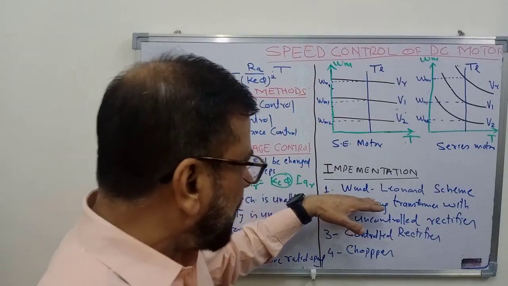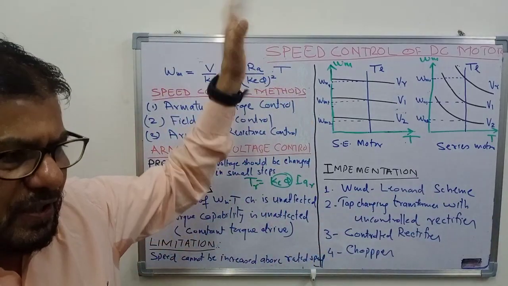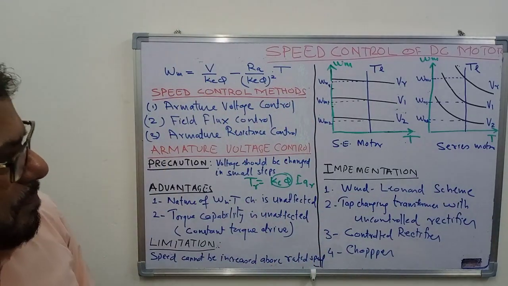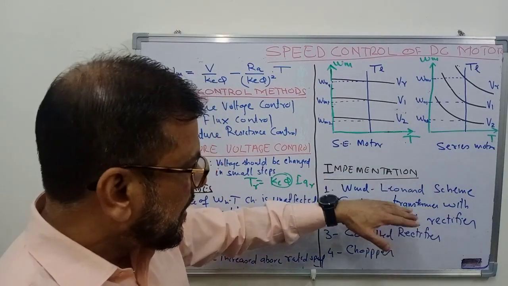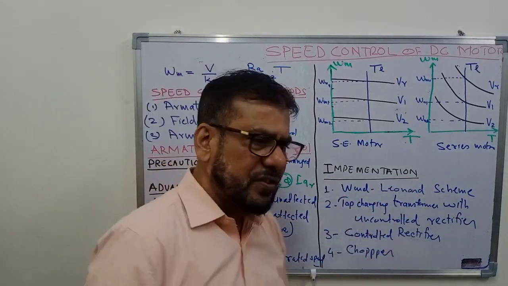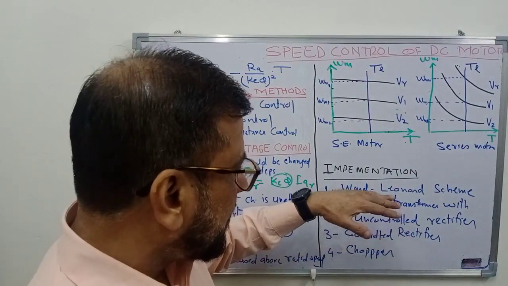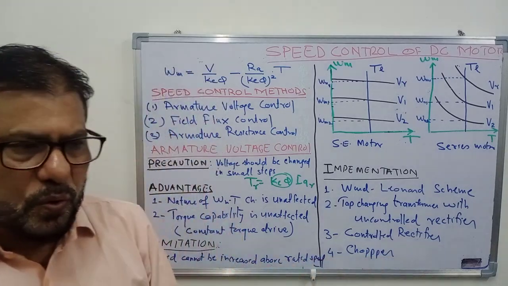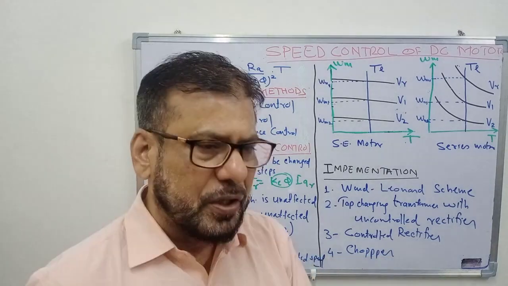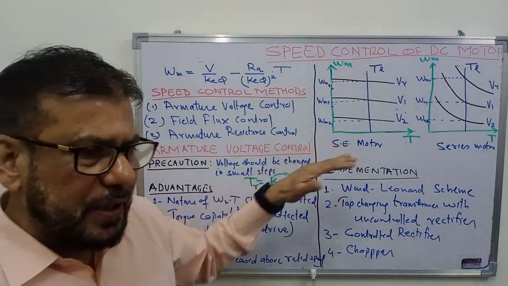One method is the Ward-Leonard scheme. This has been used for many years, and now it is being replaced by static methods. We shall discuss these methods in detail in the coming lectures. But basically, you must understand what this Ward-Leonard scheme is. To run the motor, we require a variable voltage supply.